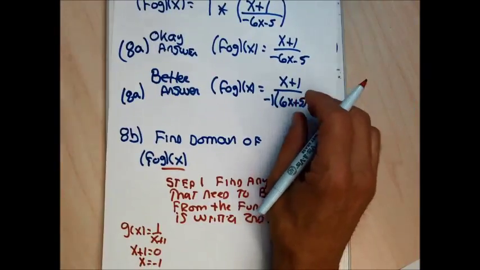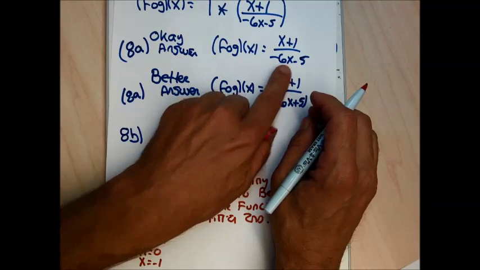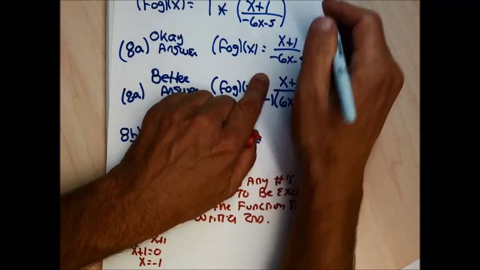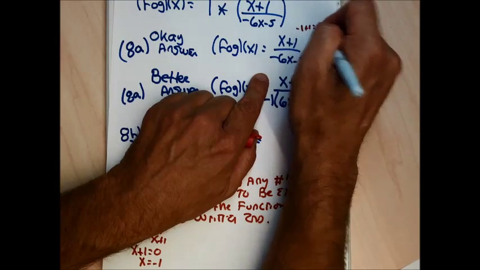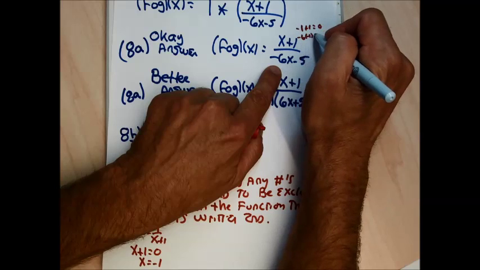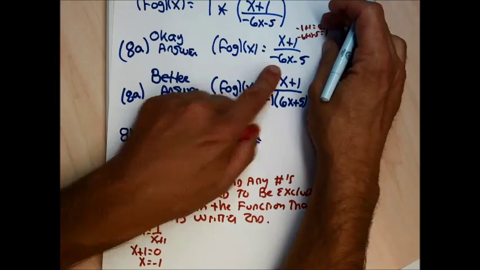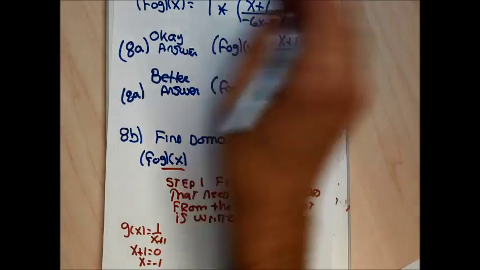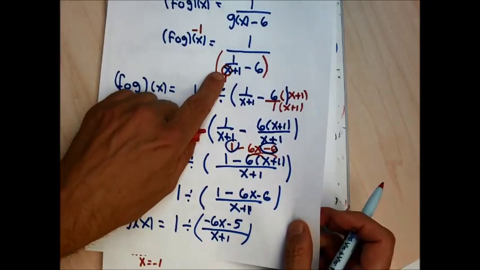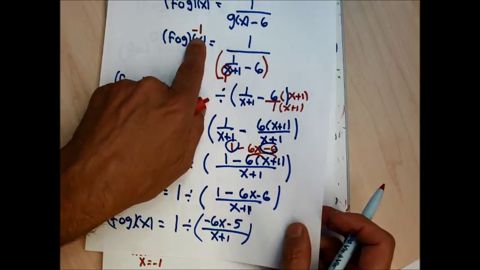It turns out that if I plug negative 1 into this other version of this problem, the simplified version, the numerator would be negative 1 plus 1, which is 0. The denominator would be negative 6 times negative 1 minus 5. That turns out to be 1. That's not undefined there. So I can't plug negative 1 into the initial unsimplified form of the answer, so that number needs to be excluded from the domain.